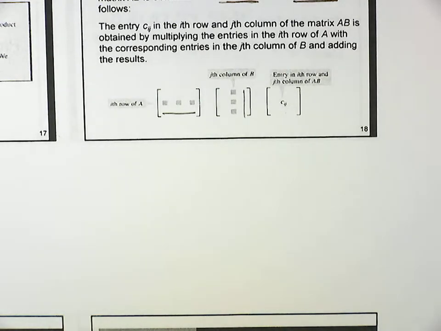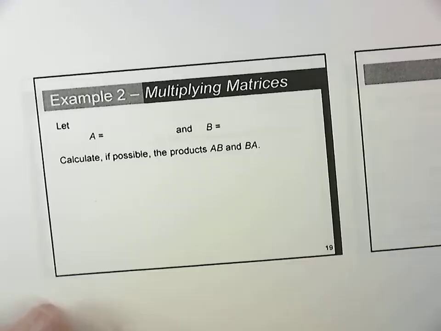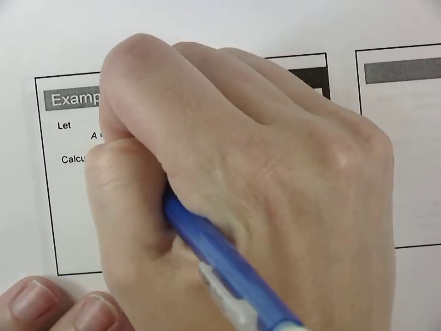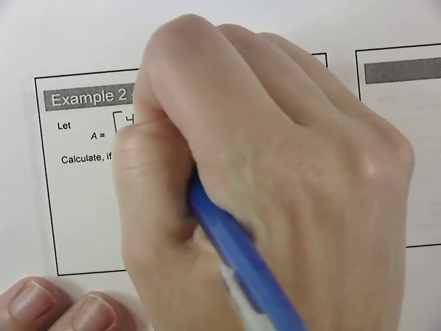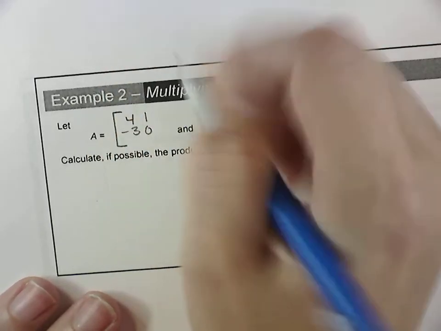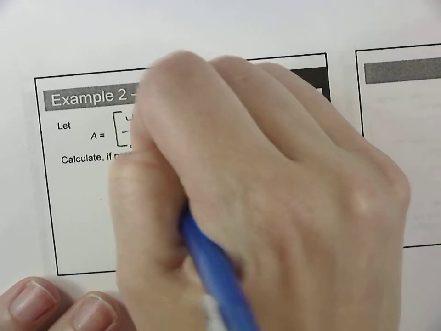The best way to understand this is to actually do it, so that's what we're going to do. For example 2, we are going to let A be 4, 1, negative 3, 0, 2, negative 1.